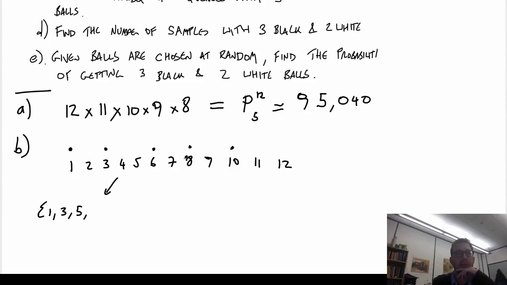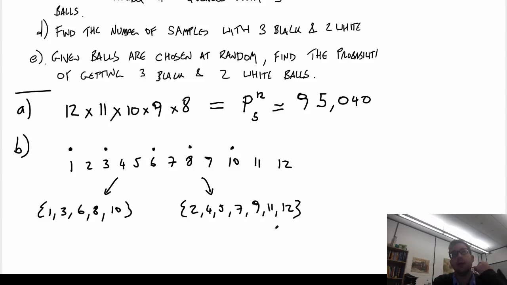Those are the 5 balls that are dealt. And the balls that are not dealt or not taken out are the remaining ones: 2, 4, 5, 7, 9, 11, and 12. So what we're doing is dividing it into the set of things that have been taken out and the set of things that have not been taken out.